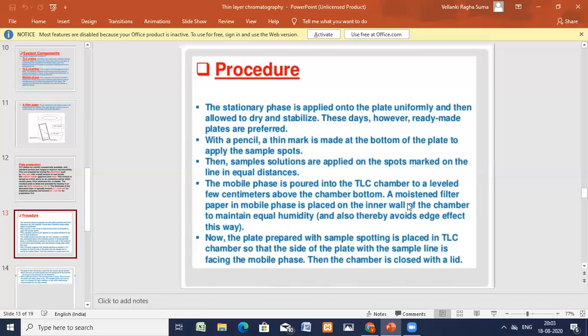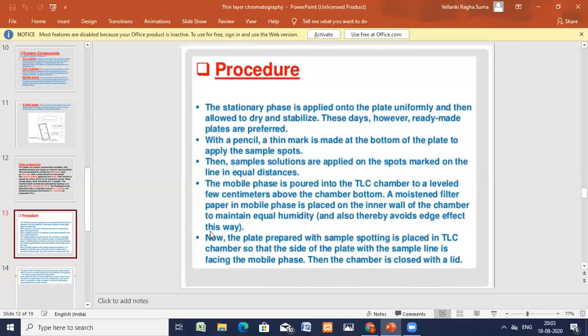Solvent impregnated papers are nothing but filter paper moistened in the mobile phase, placed on the inner wall of the chamber to maintain equal humidity. Now the plate, prepared with the sample spotting, is placed in the TLC chamber so that the side of the plate with the sample line is facing the mobile phase. Then the chamber is closed with the lid. Okay, I'm repeating here.